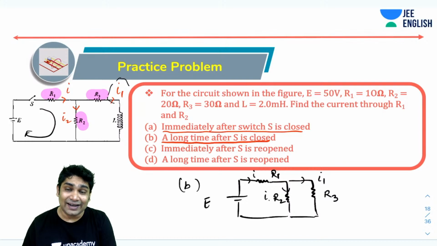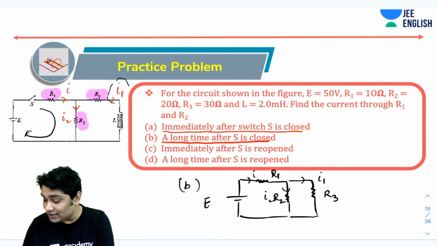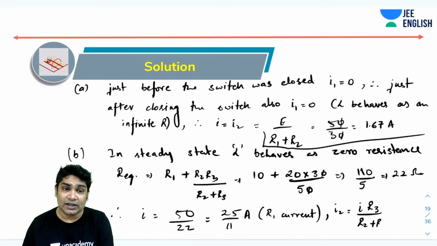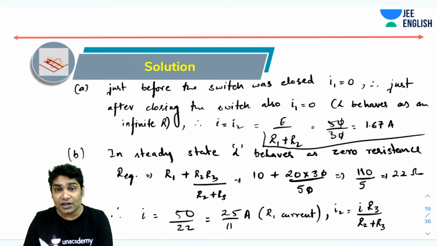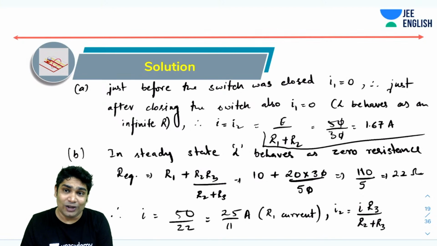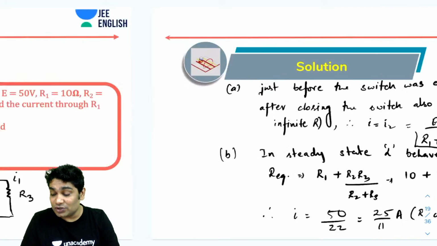If you remember that the current divides itself in inverse ratio of the resistances, then what you can say is that I2 would be equal to I times R3 over R. This is using the logic that the current would have divided itself in inverse ratio of the resistances. Okay. So I know the value of I. If I substitute all the other values, I will get I2.